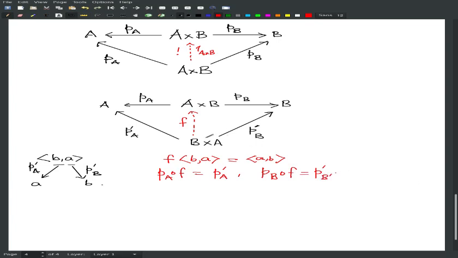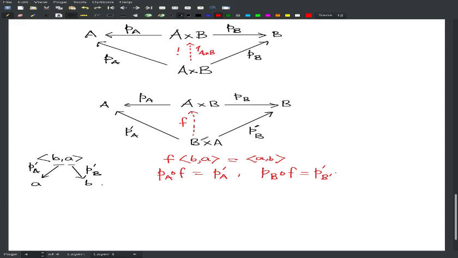Now, let's go a little further. Can I ask a question on the significance of that? You say PA composed with F equals PA prime. When you look at the arrows, if you follow the arrows, they go opposite.